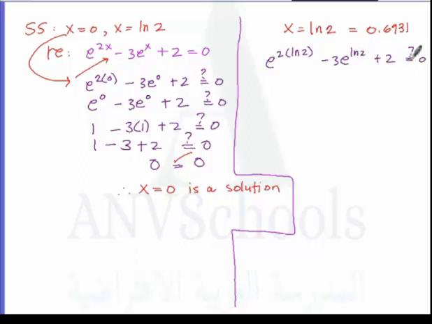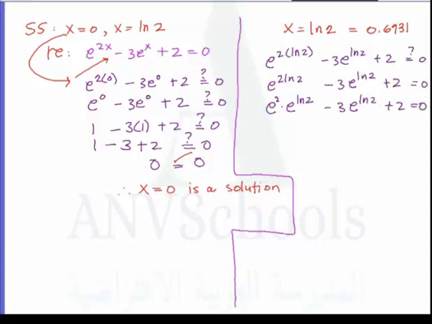Let us see. e raised to 2 ln of 2 minus 3e raised to ln of 2 plus 2, is it equal to 0? This will give me e squared times e raised to ln of 2 minus 3 times e raised to ln of 2 plus 2 is equal to 0.